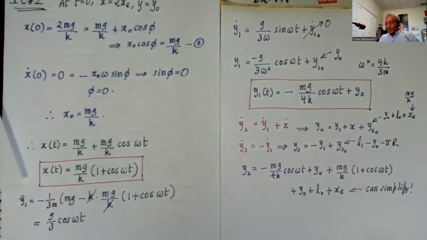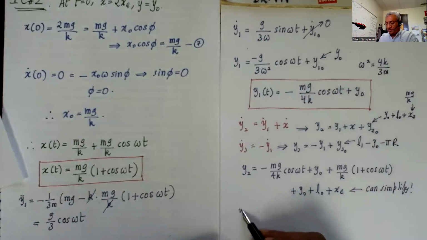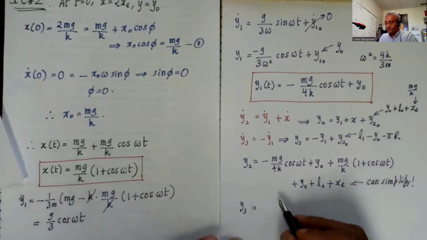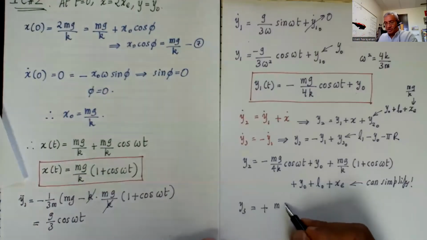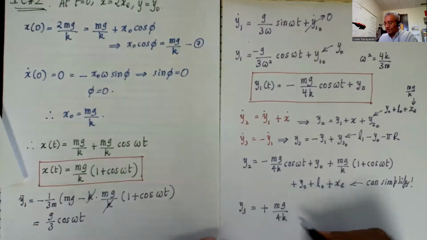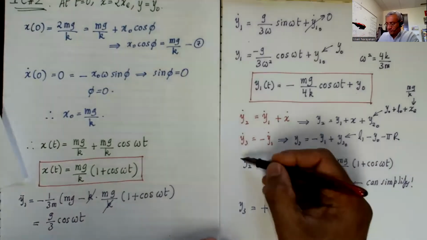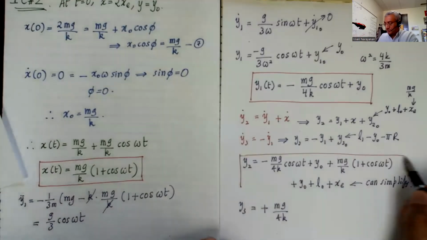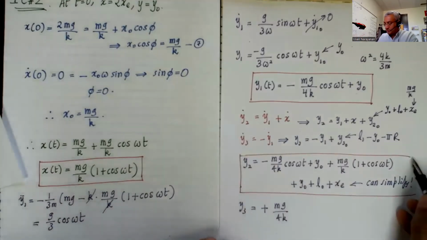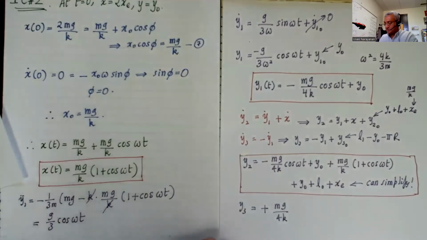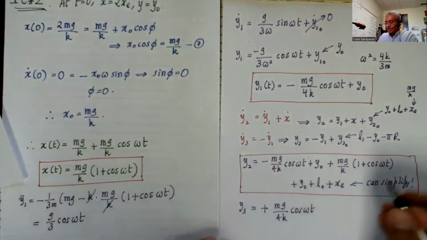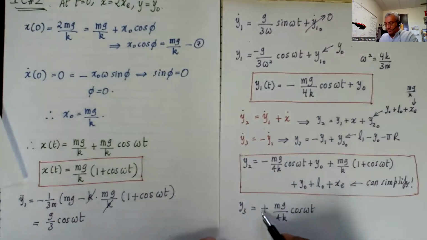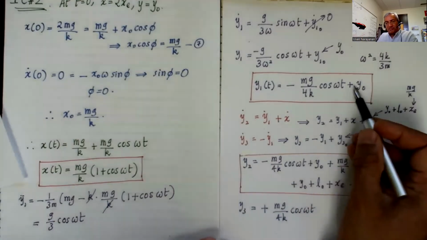All right, so we can write our y3 equation. It's a negative of that, so that's positive mg over 4k, and just box this too. Cosine omega t. Now, because that's a minus, that'll be a minus y naught.